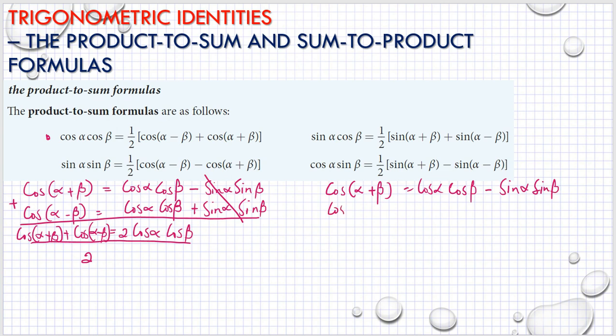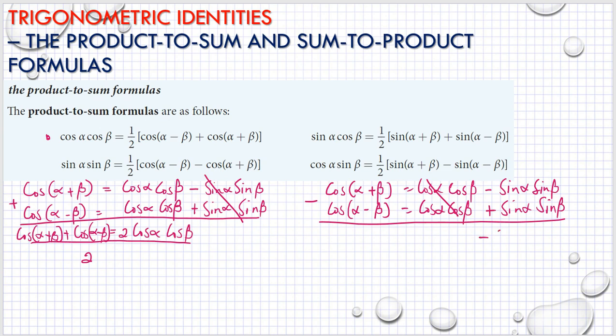And then we have cosine alpha minus beta is equal to cosine alpha cosine beta plus sine alpha sine beta. So if we subtract this, then we will get this 0.